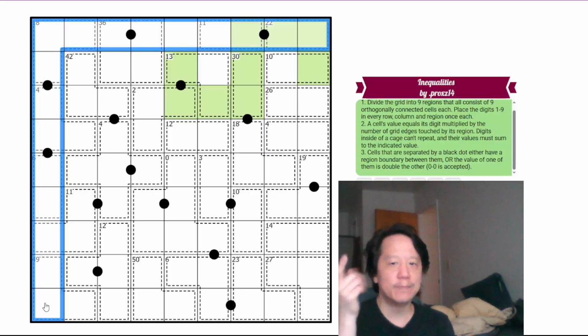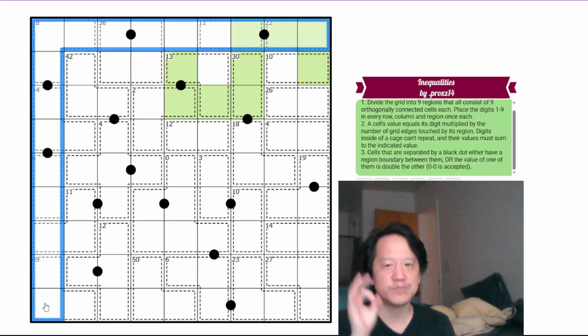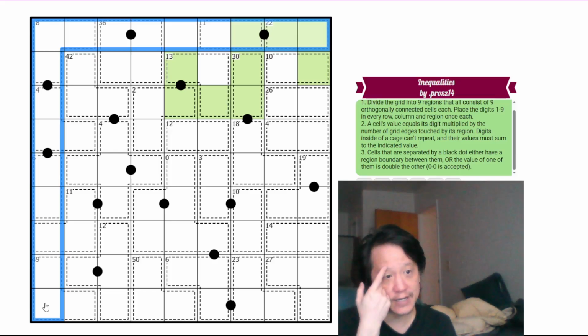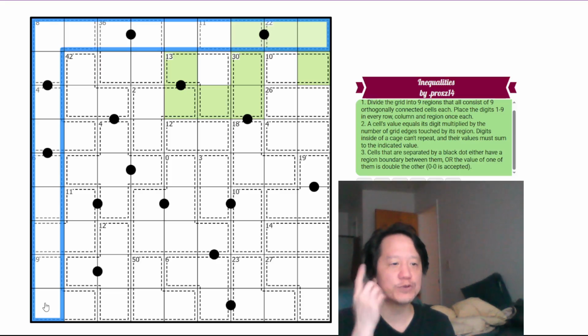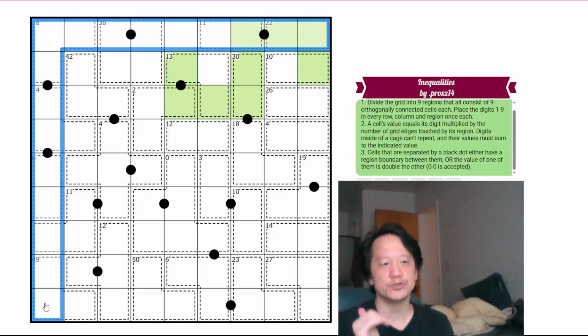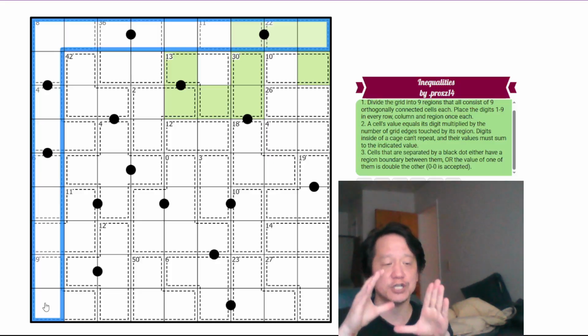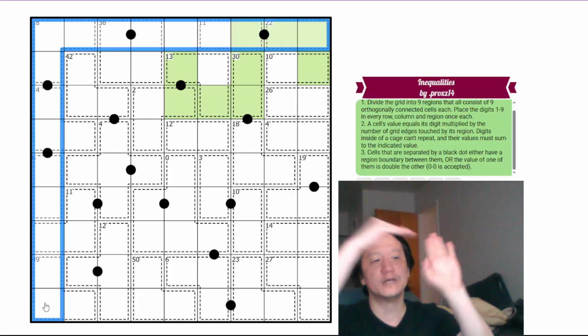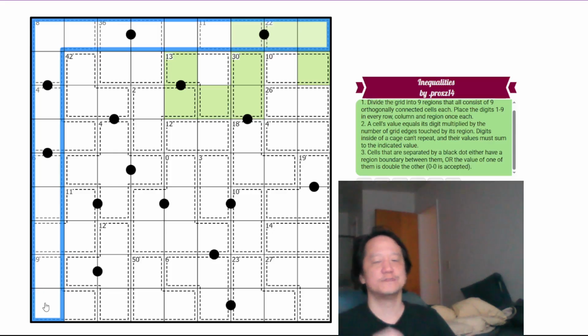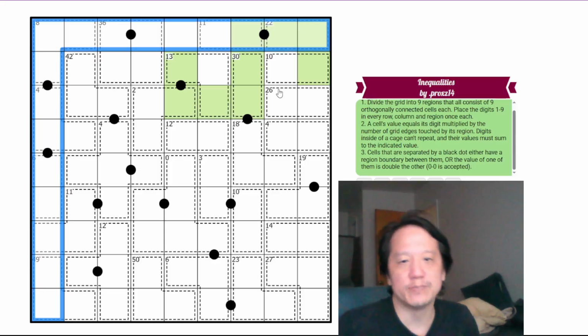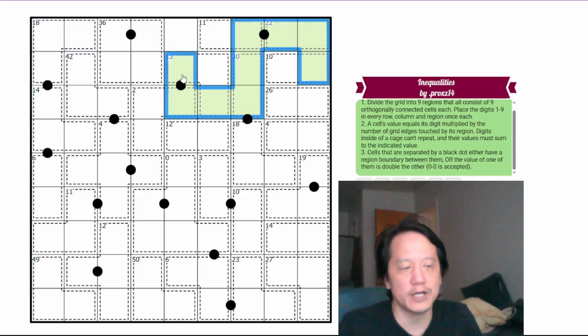And the number of edges that the region touches is multiplied by the digit. So for each cell, its value is equal to the digit in the cell multiplied by the number of grid edges the region the cell is in touches. So, for example, this region touches 2 grid edges.